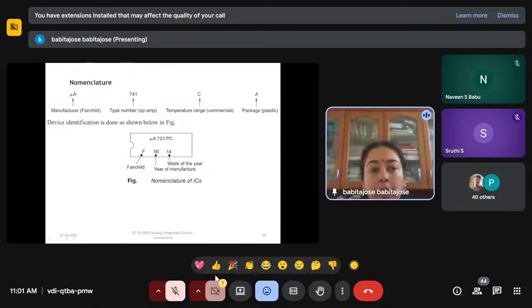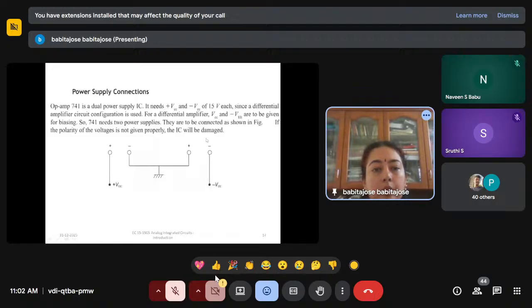And mu A indicates the manufacturer name. In mu A741, mu A indicates the manufacturer is Fairchild. You have other manufacturers also. C indicates the temperature range, commercial, and A means the package.